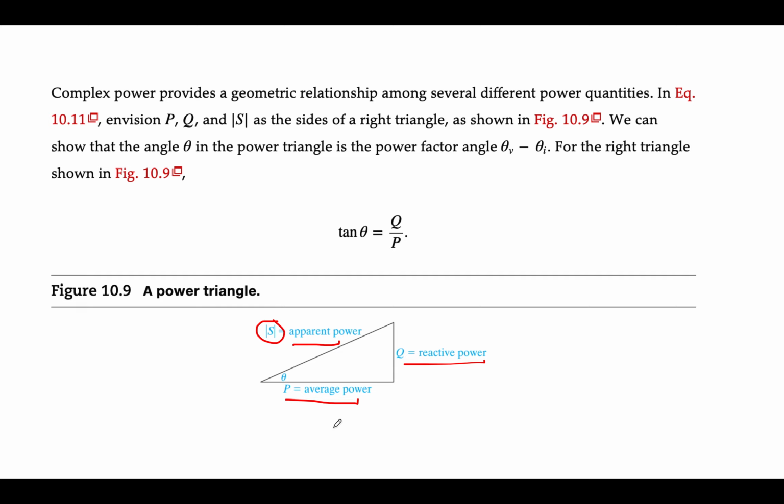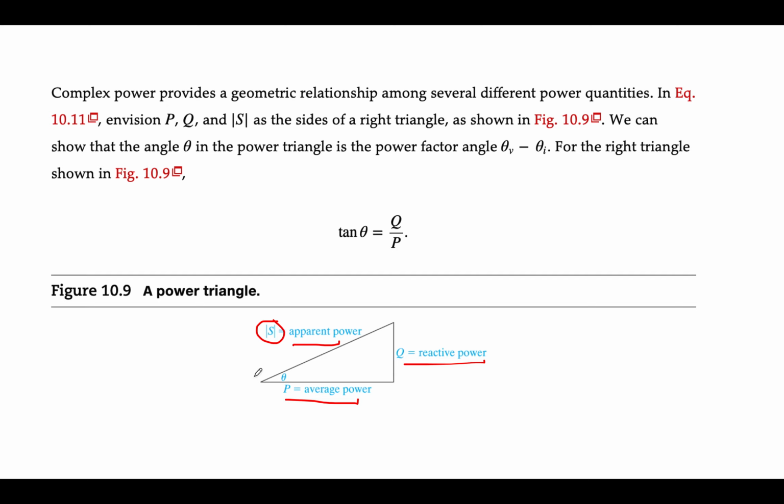So you can get an idea, if you have only a resistive load, then the Q side of your triangle goes to 0, and you'll have only average power. If you have only a reactive load, then the Q side becomes a maximum. Theta goes to 90 degrees, and the average power shrinks down to 0.